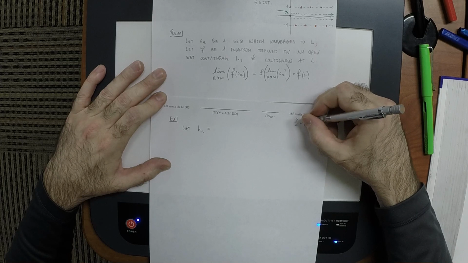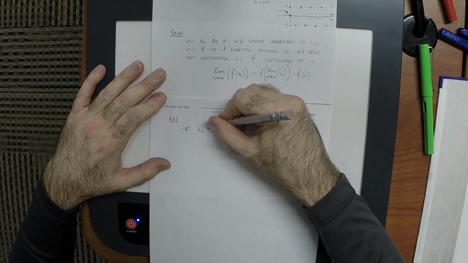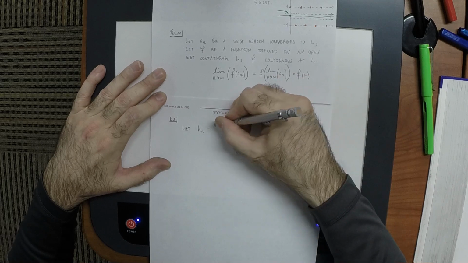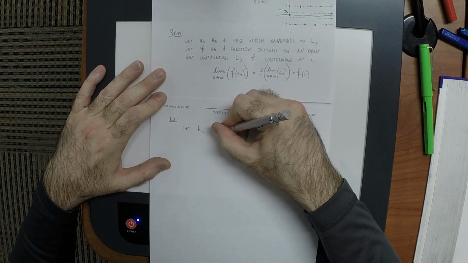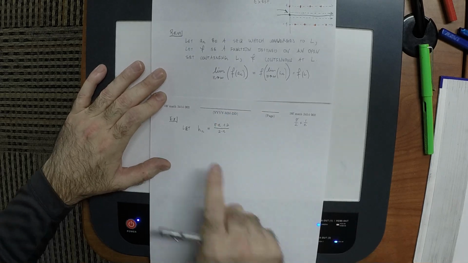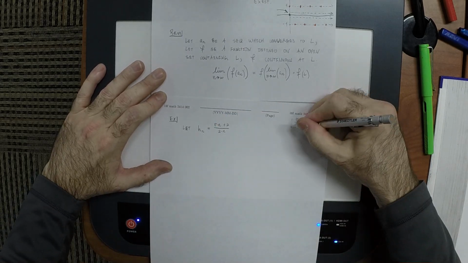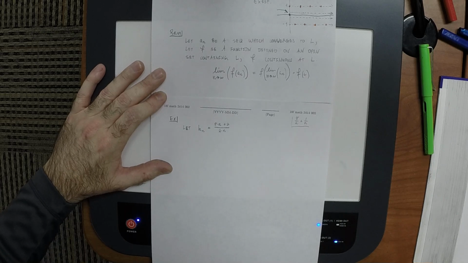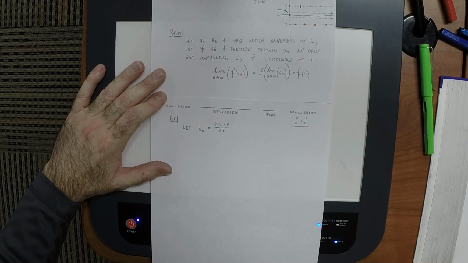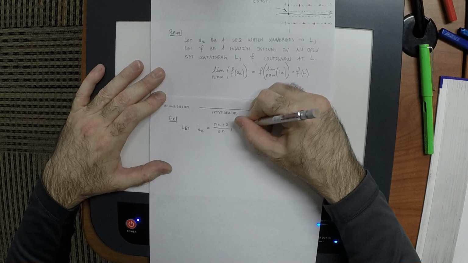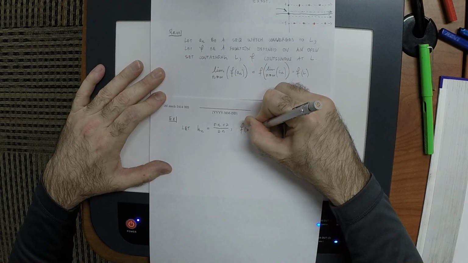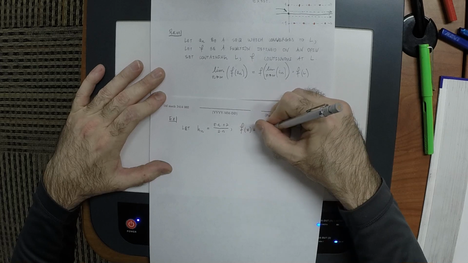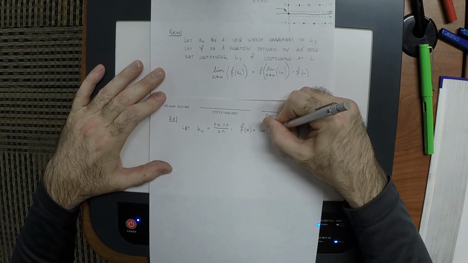So I want this to be pi n plus 2 over 2n. So just imagine that, you know, you can't see that. So let h of n be that sequence, and let f of x be say cosine of x.